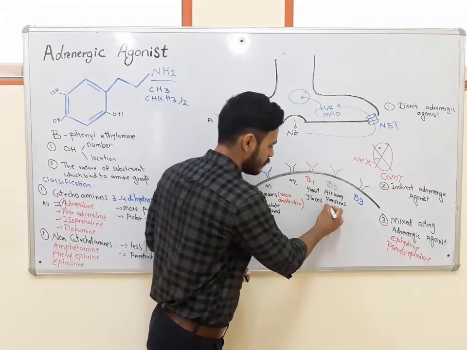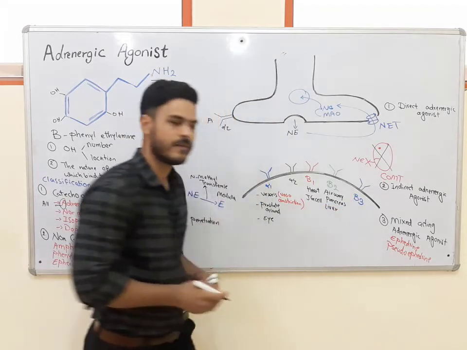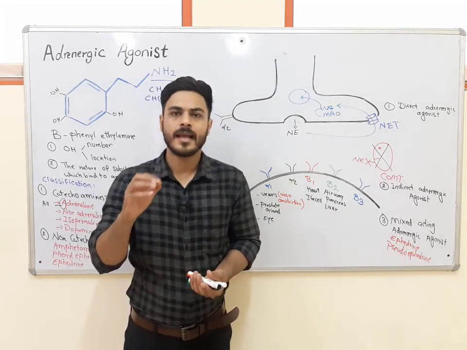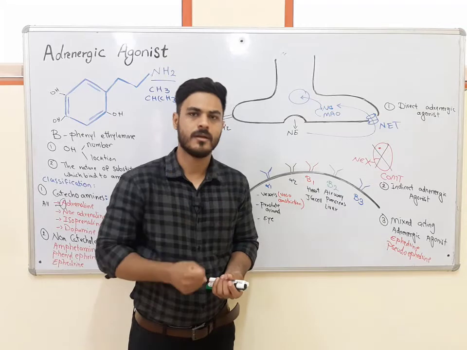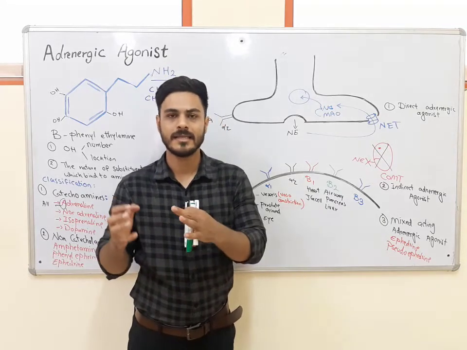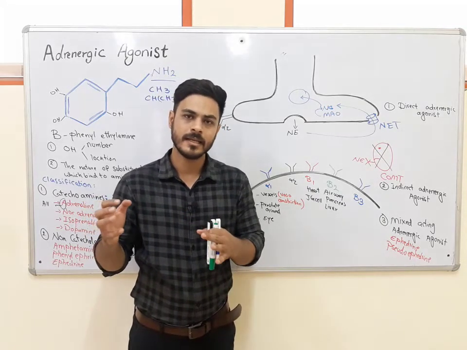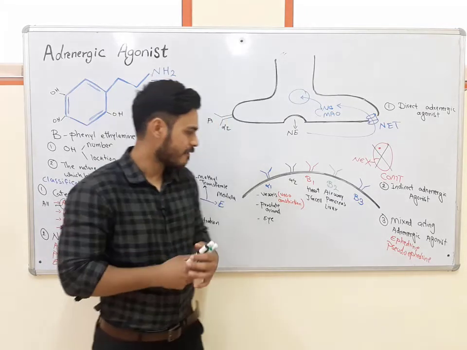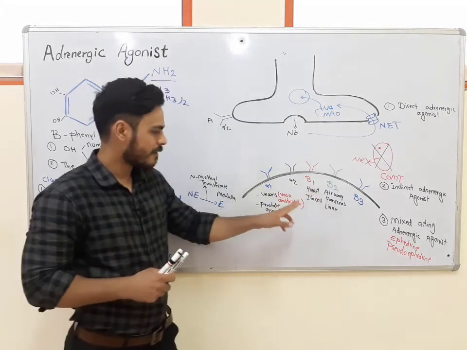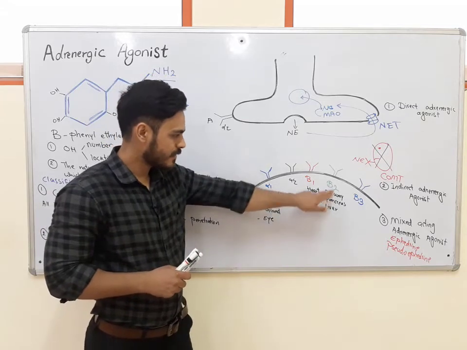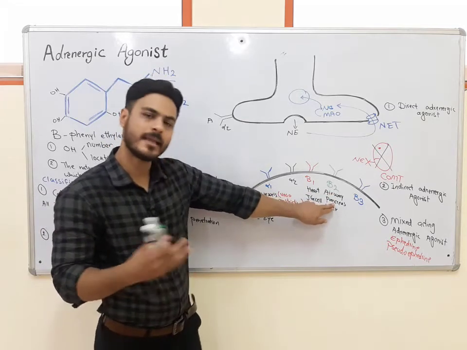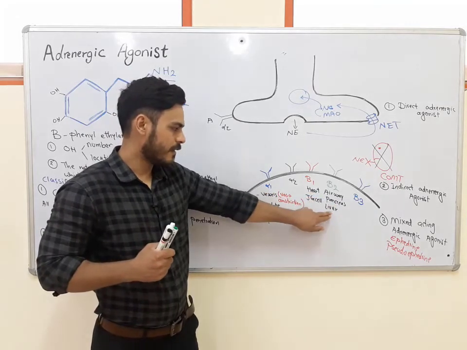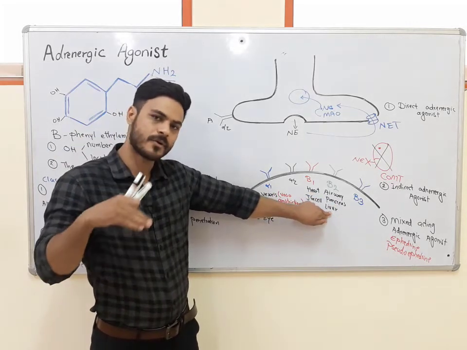We have beta-2 receptor on the liver also. When we stimulate the beta-2 receptor on the liver, it can increase glycogenolysis. These are the effects. The point I have to tell you is that beta-2 receptor on the pancreas can increase release of glucagon, and this glucagon will act on its receptor on the liver.